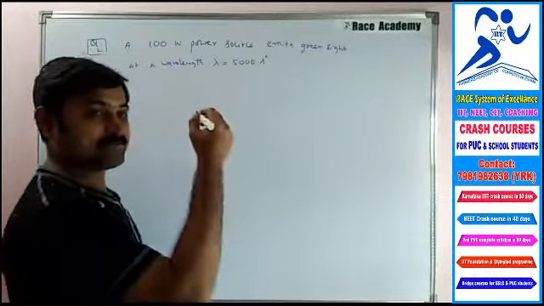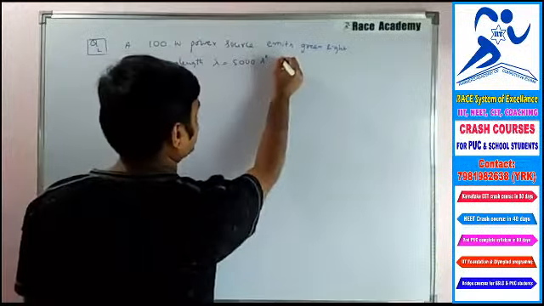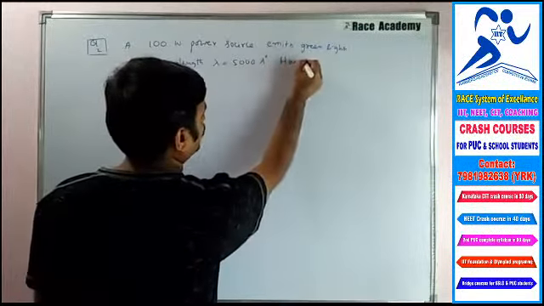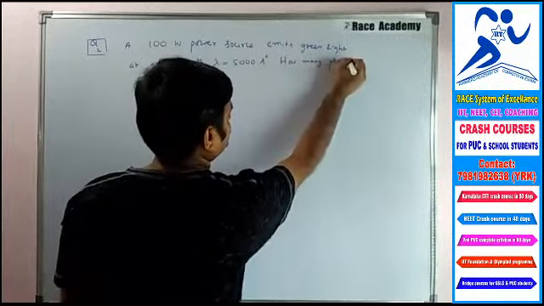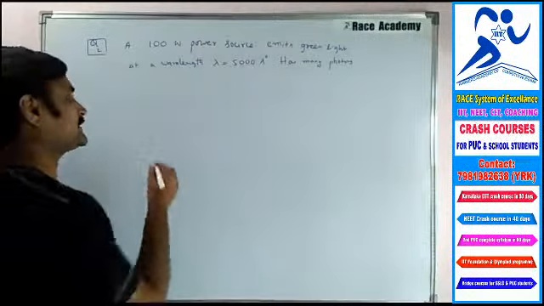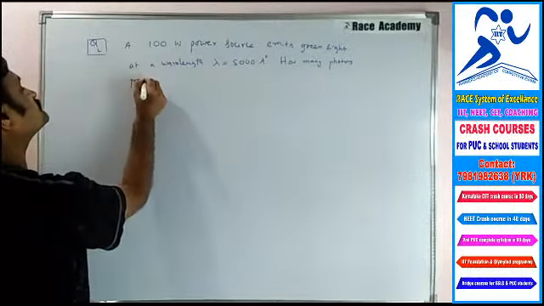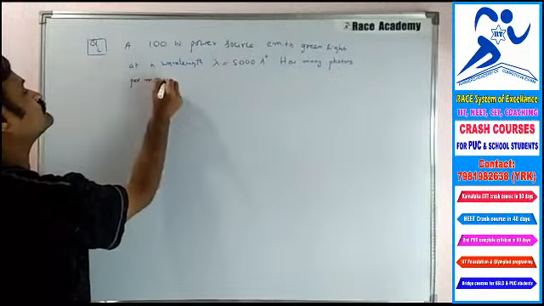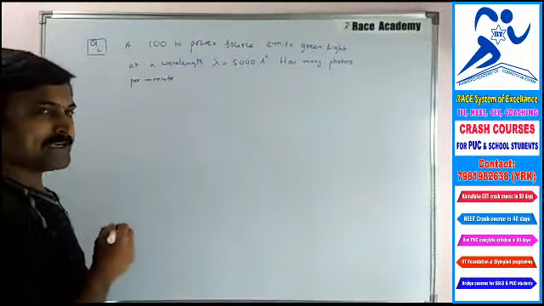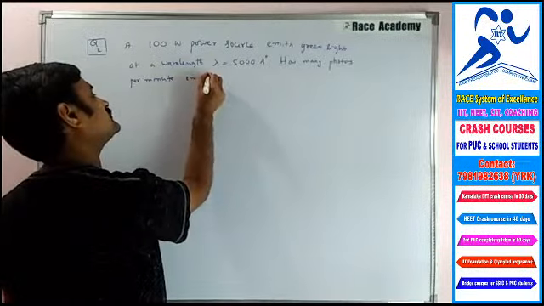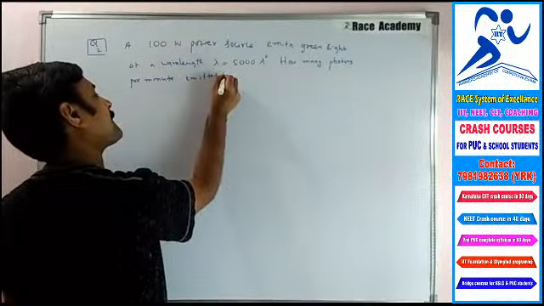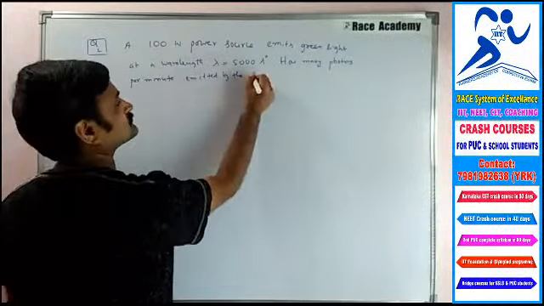Then how many photons per minute are emitted by the source?